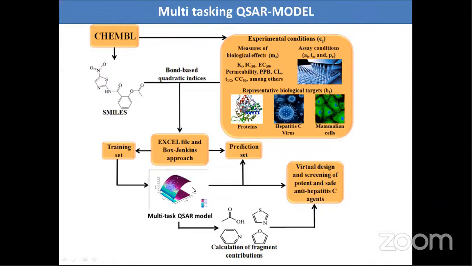Once you develop a training set, then you need to evaluate the individual fragment and its contribution to the activity. Once you develop that, it automatically calculates the huge database and can evaluate the particular compound. So this is an example of development of an anti-hepatitis C agent using the QSAR model.